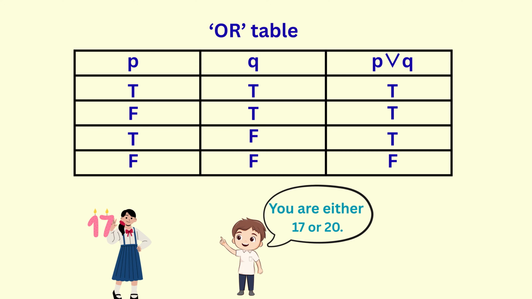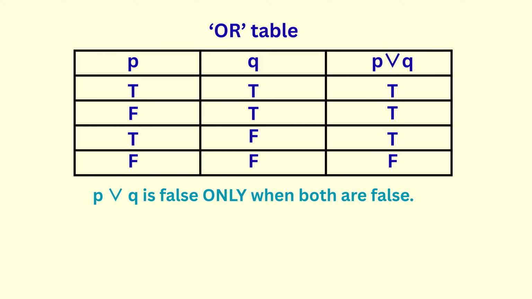Yes, it is, since one of his guesses is true. That's the difference between using the connective "or" versus "and." The disjunction P or Q is false only when both statements are false. Otherwise, it's true. In logic, "or" means one or both.